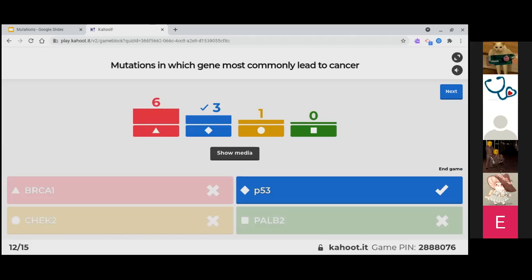More than 50% of all cancers are caused by this gene. I think maybe many of you chose the BRCA1 gene because we talked about Angelina Jolie. But this one is also common, but it's for breast cancer and ovarian cancer, so it's not applied to all cancers. So in general, a mutation in the P53 gene would most commonly lead to cancer.